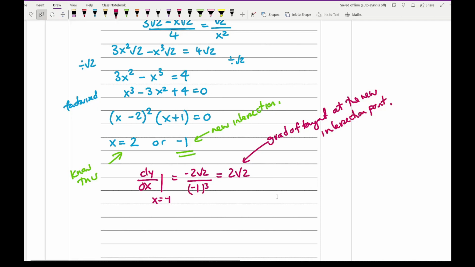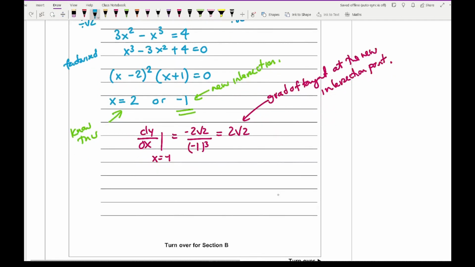Then if I combine the gradient of the line that I was given and this new intersection point, I recall 2 root 2, which is the gradient at the new intersection point, and I multiply that by minus root 2 over 4, which is the gradient of the tangent at C. If I type that all into my calculator I get an answer of minus 1.